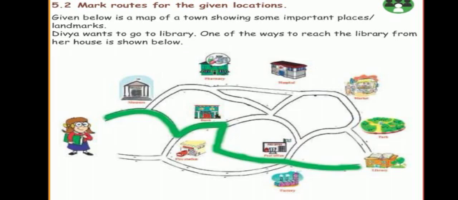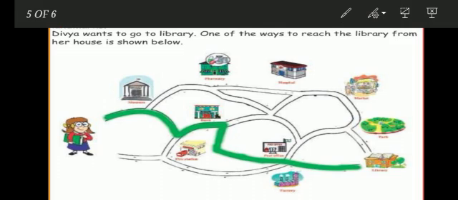Okay, now we see the map. See here, what places are there? First one is a museum, then pharmacy, then hospital, and then market, park, library, then factory, post office, fire service.